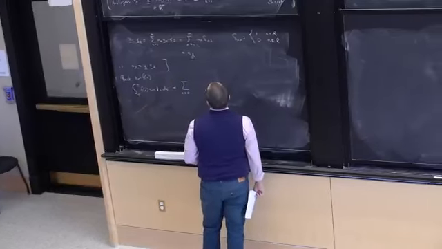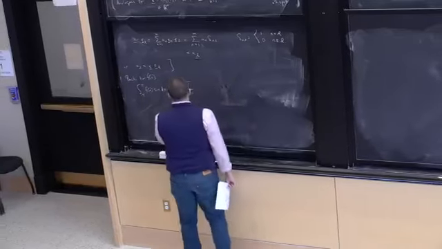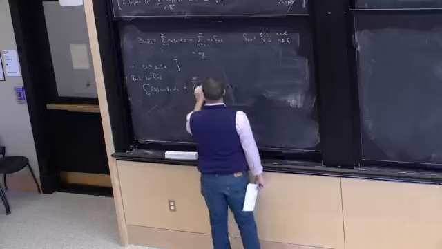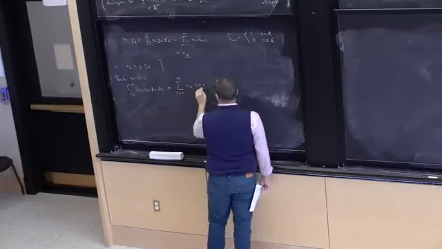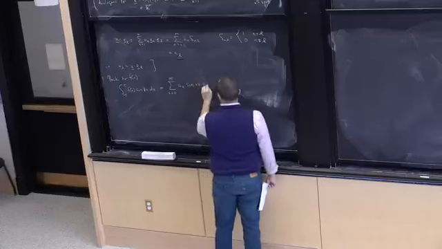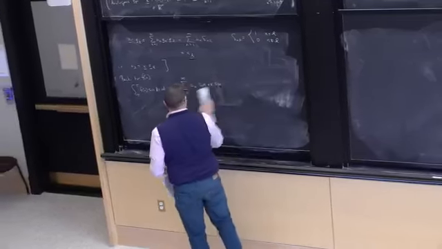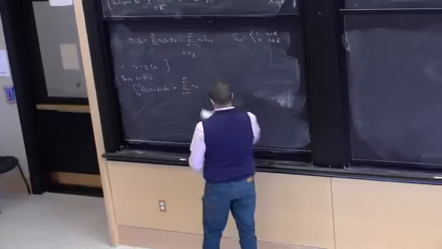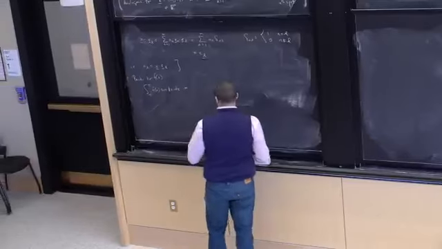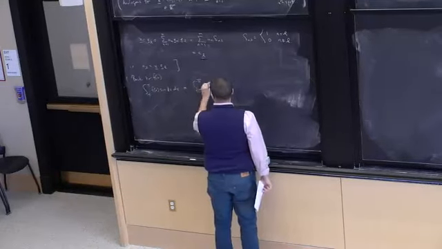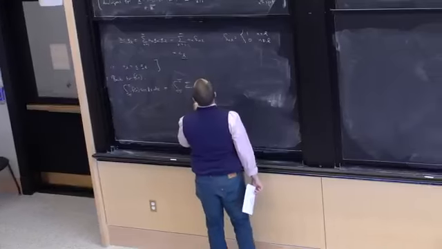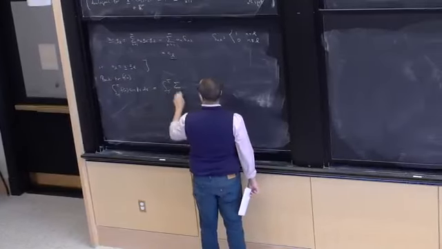This is the sum from n equals 0 to infinity of a sub n sine nx times sine Lx, plus b sub n cosine nx times sine Lx. Just remember the sum is from n equals 0 to infinity.